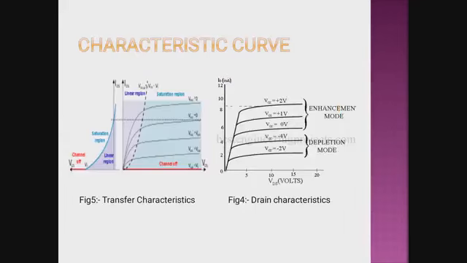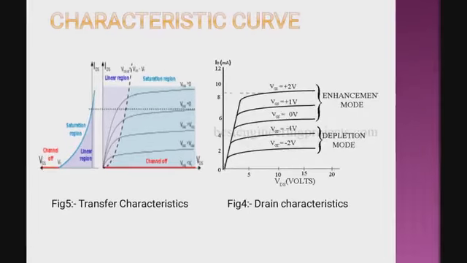So this is the drain characteristics curve we have plotted over here, and this one is the transfer characteristics curve. So what is the drain characteristics curve? This kind of curve is basically plotted between VDS and ID, with ID in some milliampere range over here, and VDS in volt.